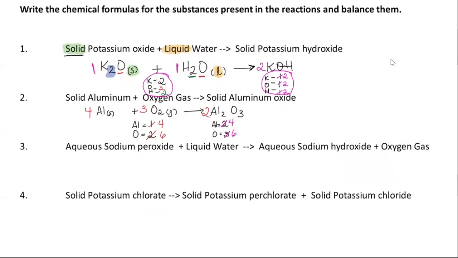I'm going to give you guys a few minutes. I want you to try problem 3. Okay? So look at the name. If you don't know the chemical formula, it's okay. We are online. Just go ahead and Google it.